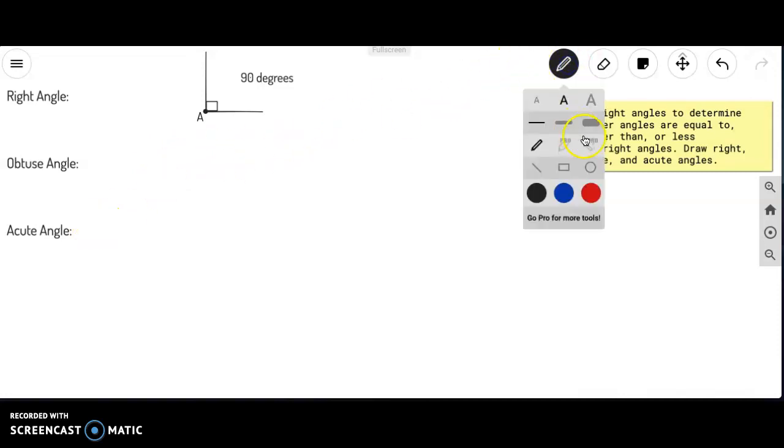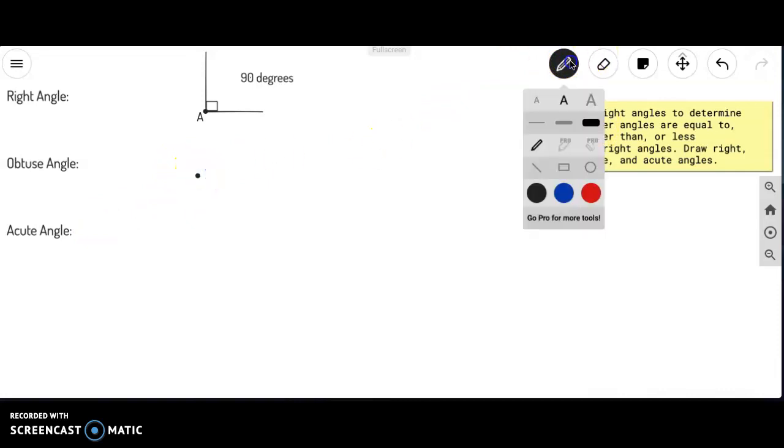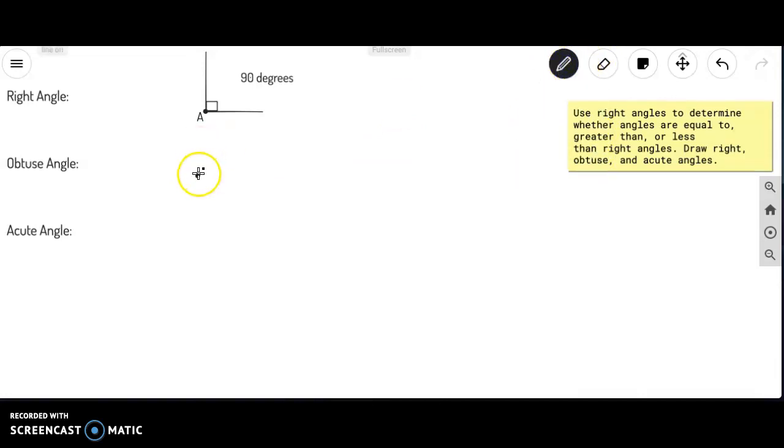I'm going to first put my point in, like so. I'm going to grab my line tool and start from that point. I'm going to first draw a nice straight line down here, and then a line coming this way. It's almost like this opens up from this point, like a hand on a clock moving.